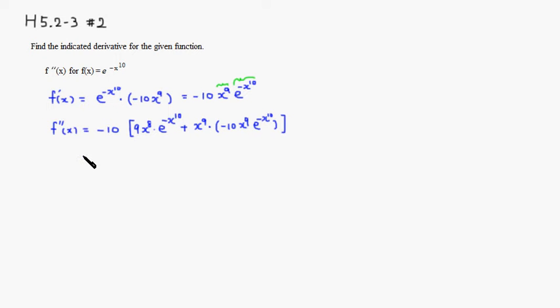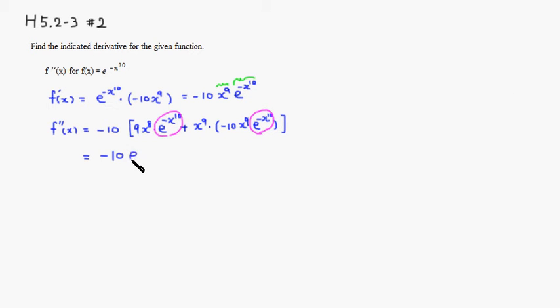So let's see, so here we have negative 10, it's already there. Alright, then try to pull out something in common. So what's in common would be, alright, let's see, we know that e to the negative x to the 10th power would be in common, and so we're going to pull that out, right?